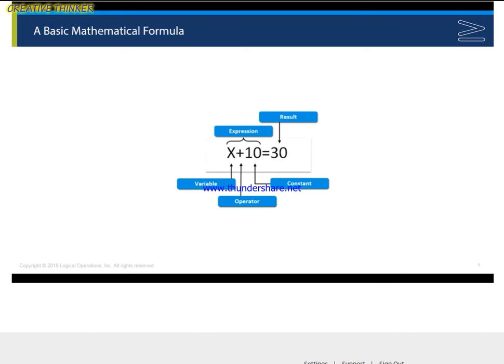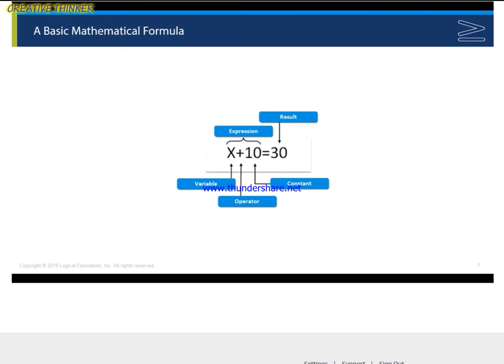So this is obviously a basic formula, and we've got some different components to this formula. The equal sign defines the cell content as a formula. We already said that. You have constants like numbers and text that don't change unless they're manually altered, in this case the 10. You have variables, which is, in this case, the X. That's variable data.